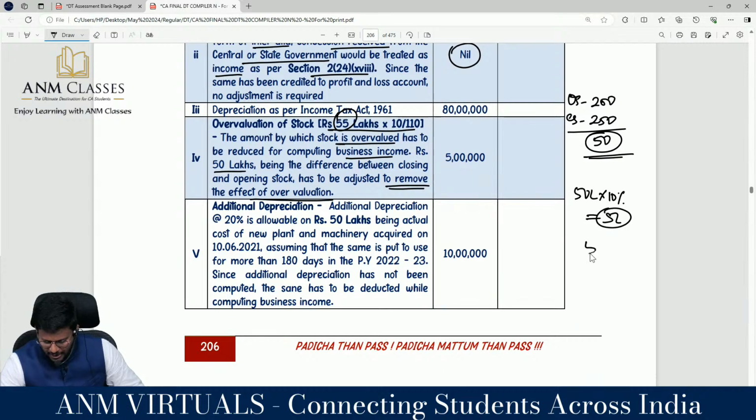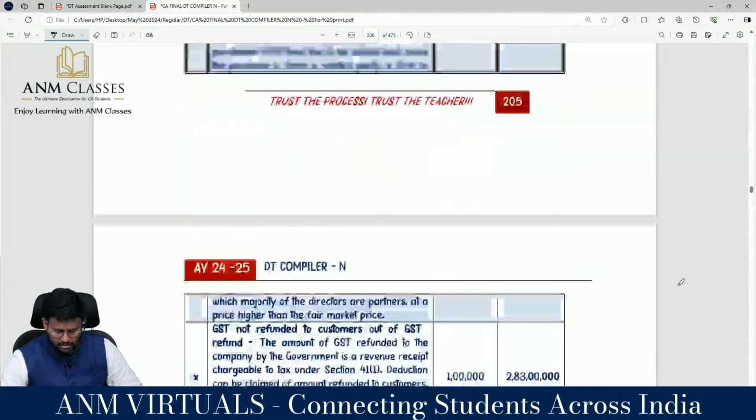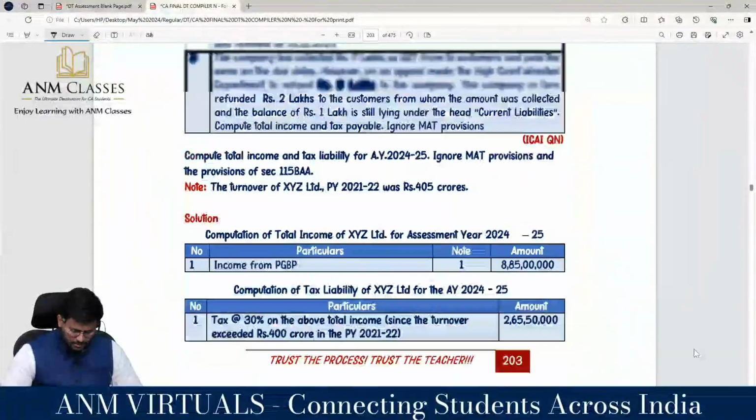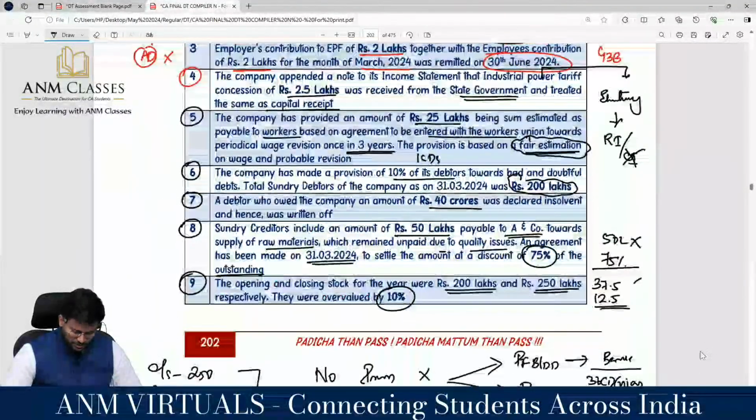Sir, in the 50 lakhs overvaluation இல்ல, total including சேர்த்து தான் 50 lakhs.